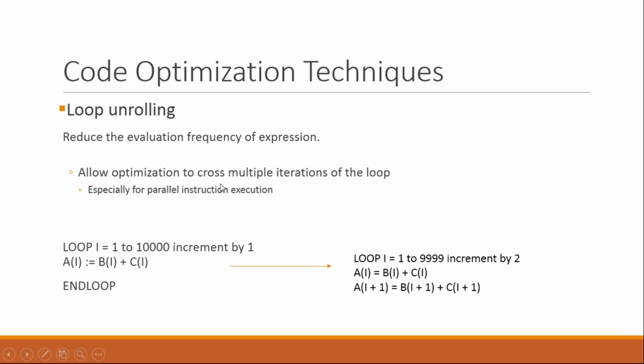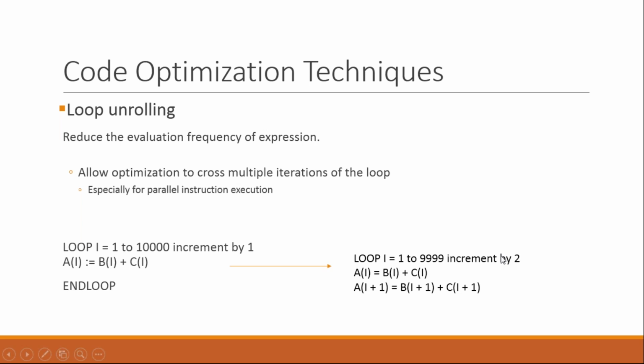Now, instead of this, if I do something like my loop variable i always starting with 1 up to 9,999. Why? Because now I am incrementing my loop by 2. Right?